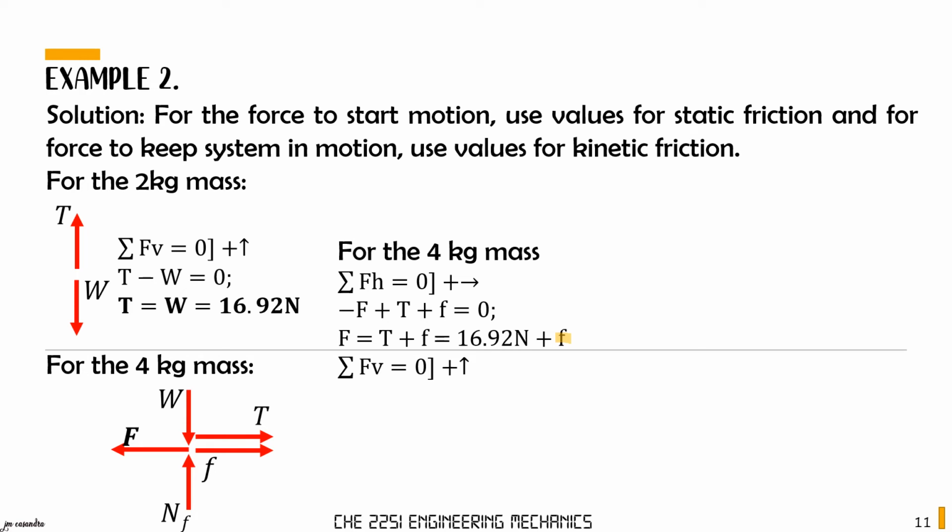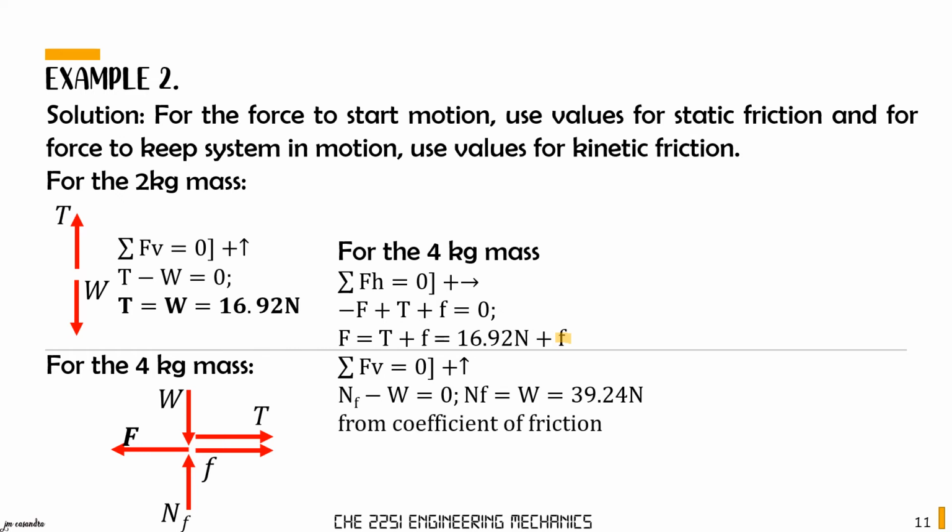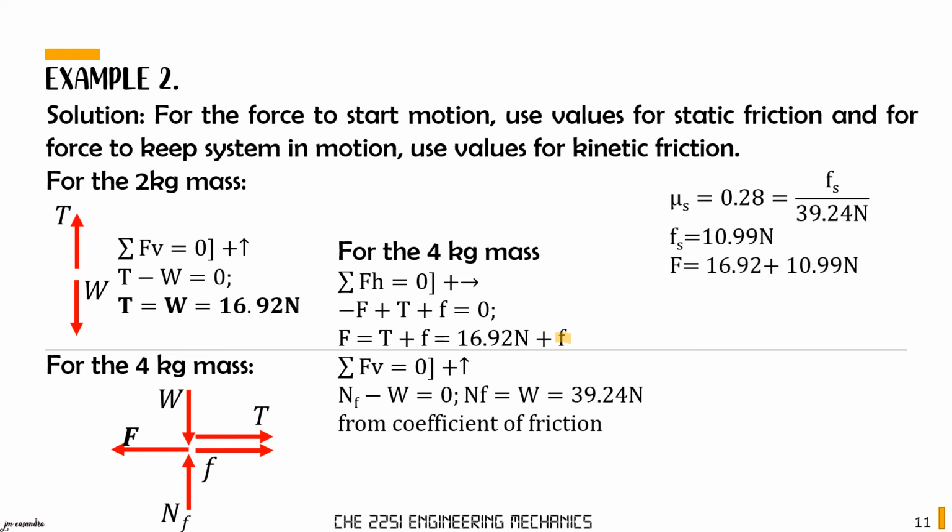But we need to solve first for the normal force by summation of forces vertical equal to 0. So upwards positive, so we'll have NF minus the weight is equal to 0. So NF now, or normal force, is equal to the weight, which is 39.24. So from coefficient of friction, we'll have now Fs, since we are solving for the force to start, equal to 10.99.